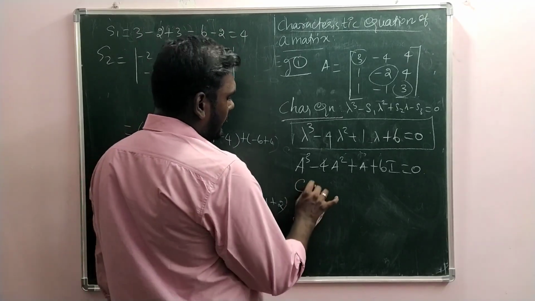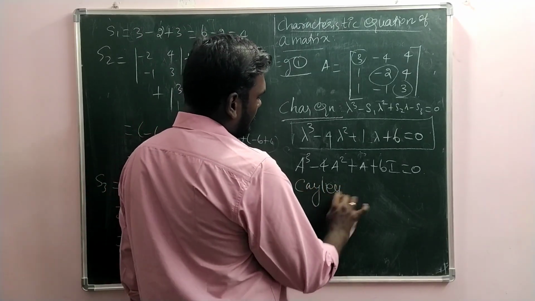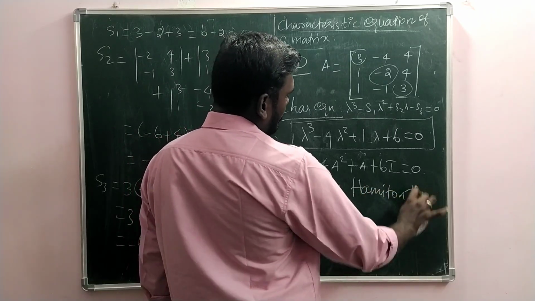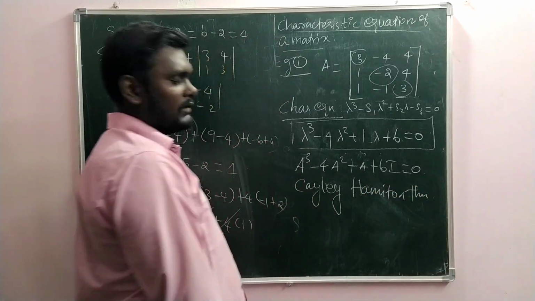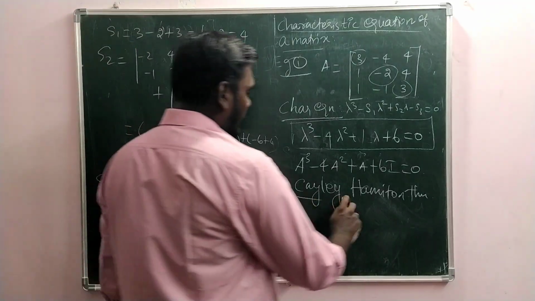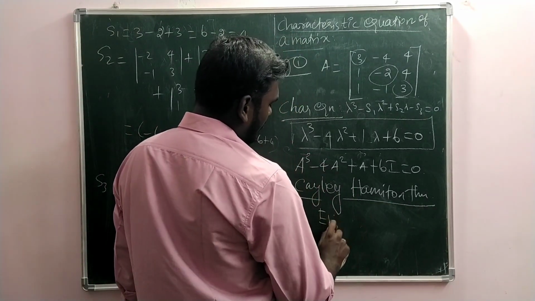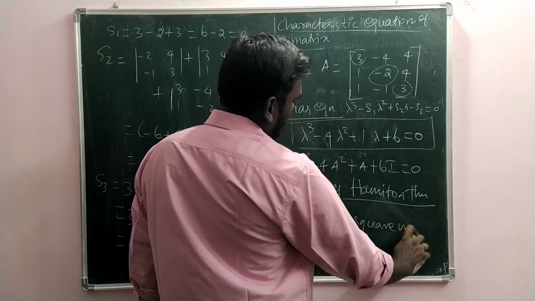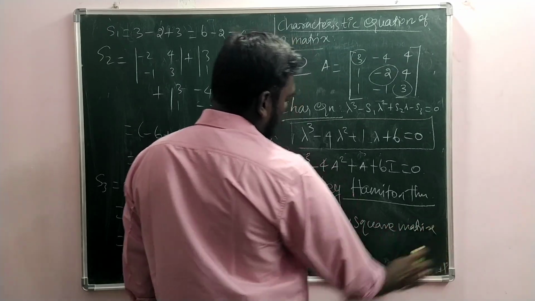That is what we say, it is the Cayley-Hamilton theorem. What the Cayley-Hamilton theorem states is, every square matrix satisfies its own characteristic equation. It happens only for every square matrix.